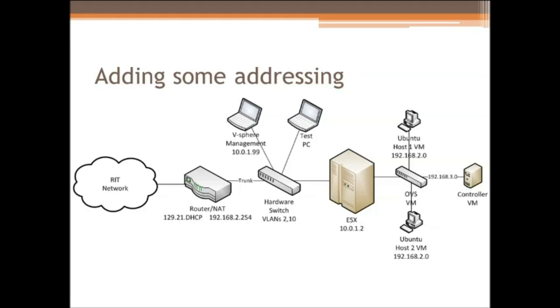I've got the router running NAT, the outside interface is a DHCP based address, and then I have the 2net, and I'm using the 2net for my VM hosts and my router interface to get them out. Now I did sneak in a third network. You can see it all the way on the right there, and that is the 3net, there just to allow my OVS switch to communicate with the controller. I wanted sort of an isolated traffic stream for that.